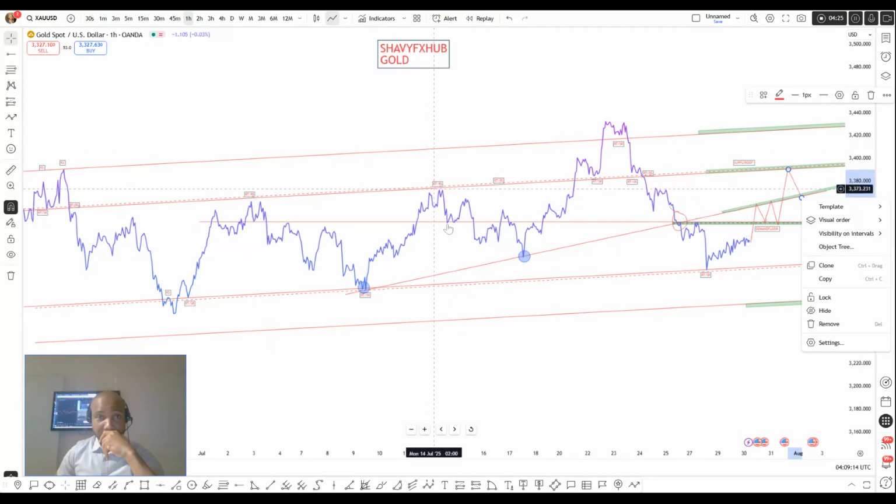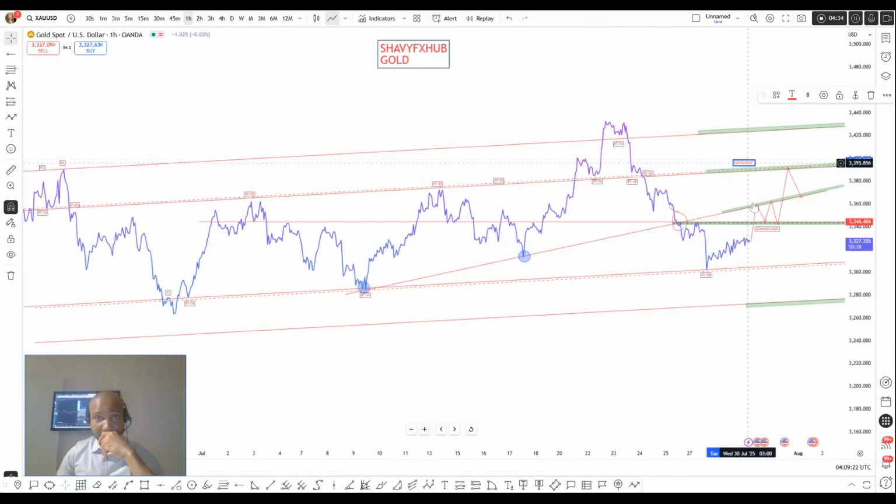ROS1, ROS2, ROS3, break out of the structure, retest demand floor 1, demand floor 2, break out of a demand floor, put here as a supply roof. And this is our top layer sell.